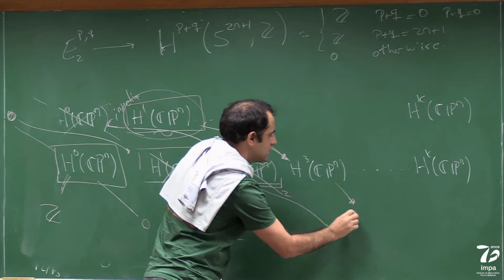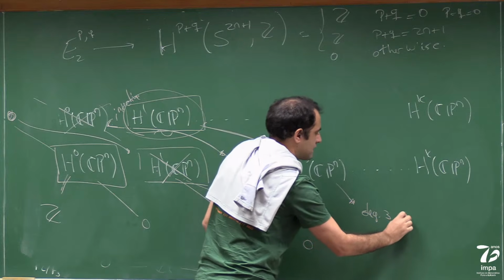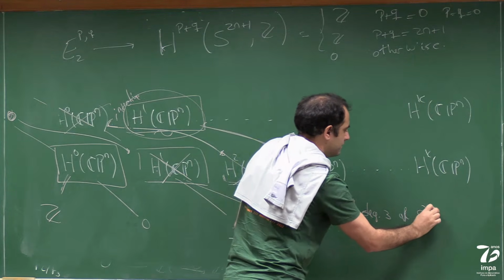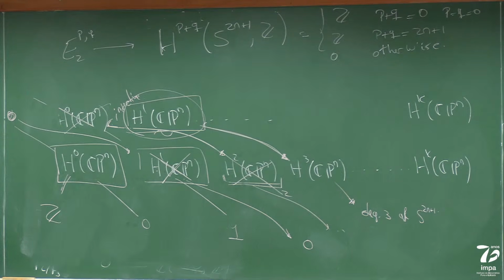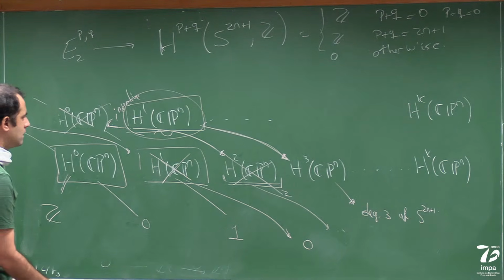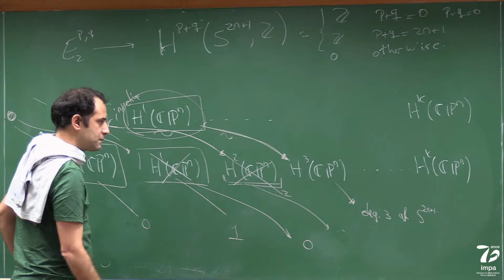So this would lead to degree 3 homology of S^(2n+1), if something survives there. Okay, so I claim that we have this Z in H0 and we have a Z in H2. So I claim that this same argument would make this an isomorphism.